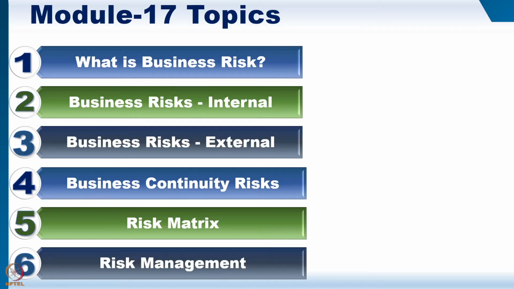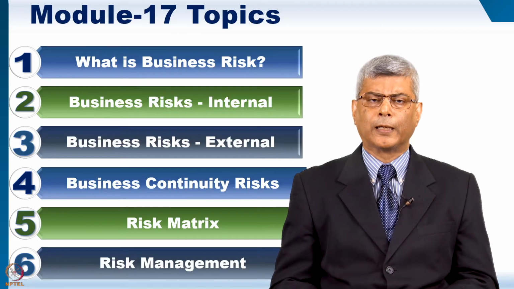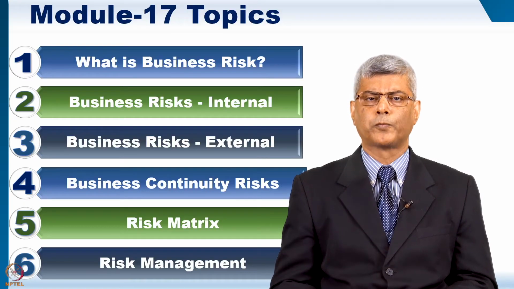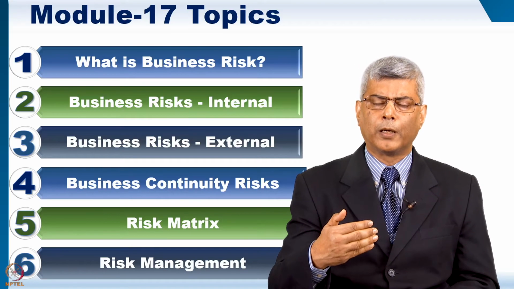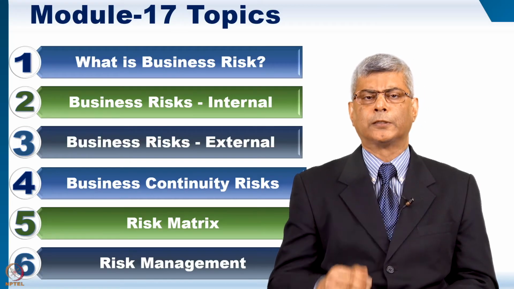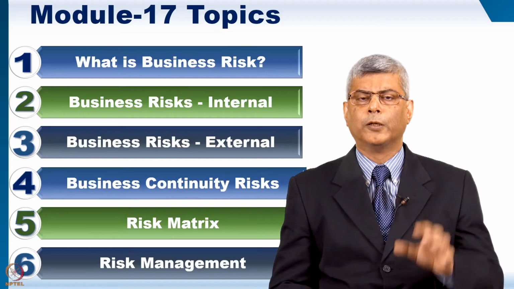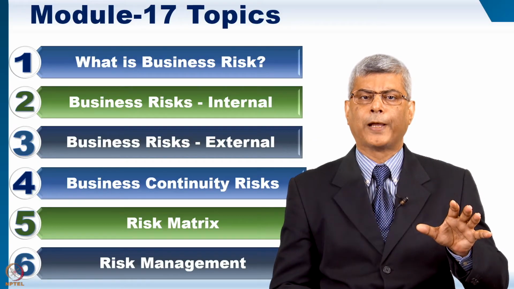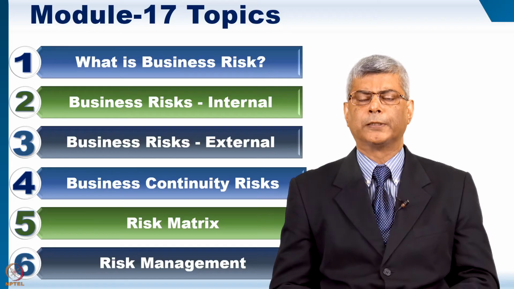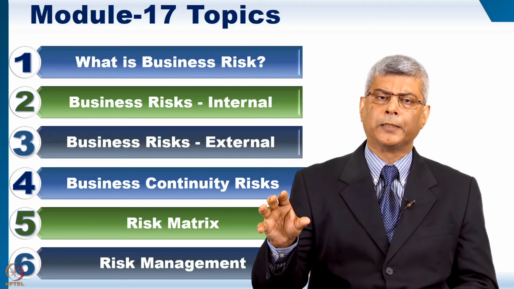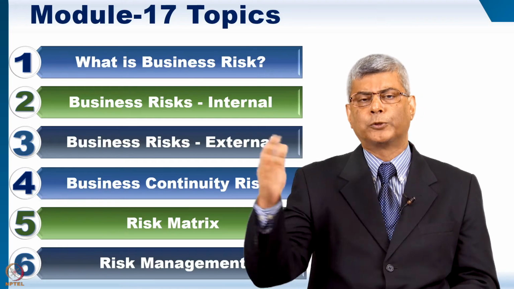So in this module, we'll start with understanding what is a business risk. We'll then talk about different types of business risks, some of which are internal. Risk arising because of factors internal to the company or the business. And then we'll talk about risk arising because of factors outside the company.